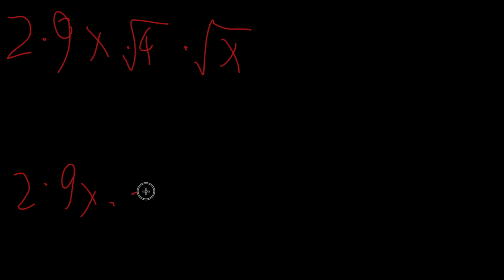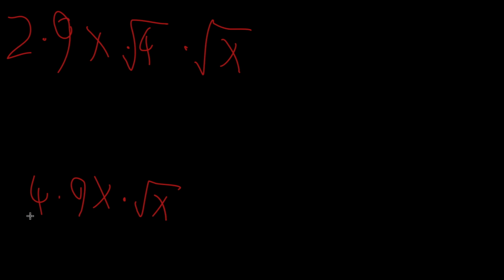The square root of 4 is 2, and so we have 2 times 9x, and of course 2 times 2 is 4, so we can write it as 4 times 9x times the square root of x. And I think that's all we can simplify, actually.